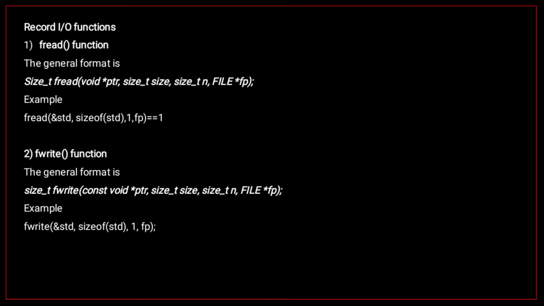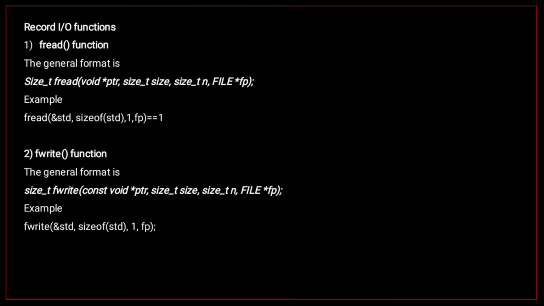Now next is fwrite function. Fwrite function is used for writing an entire block to a given file, and this is the general format of fwrite function. Now in this format, size_t is defined in stdio.h as typedef unsigned integer size_t. ptr is a pointer which points to the block of memory that contains the information to be written to the file.